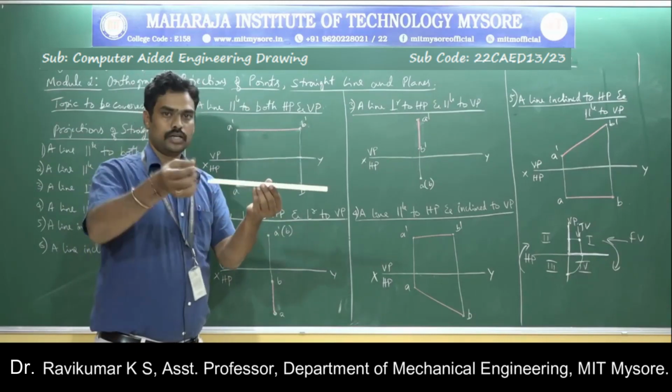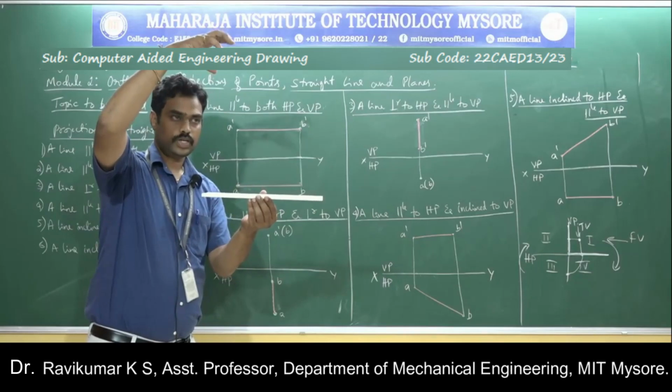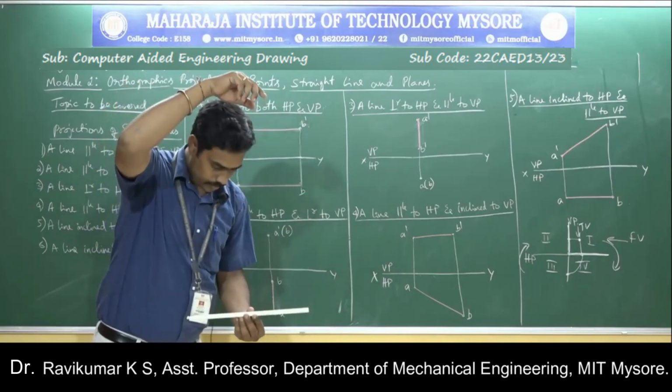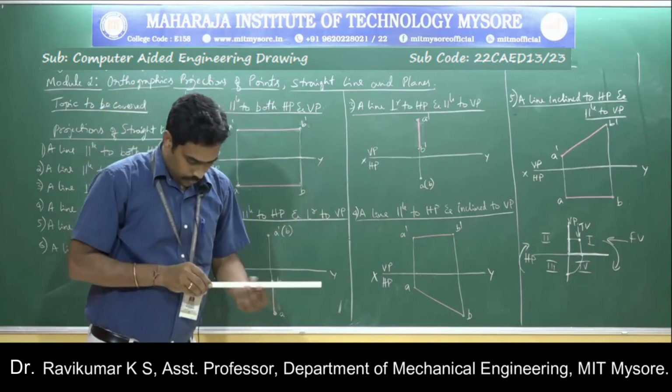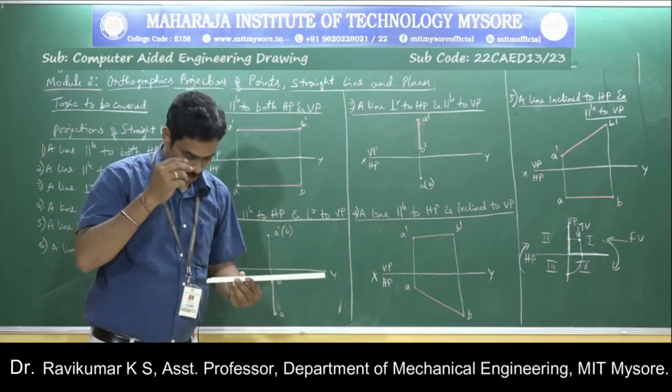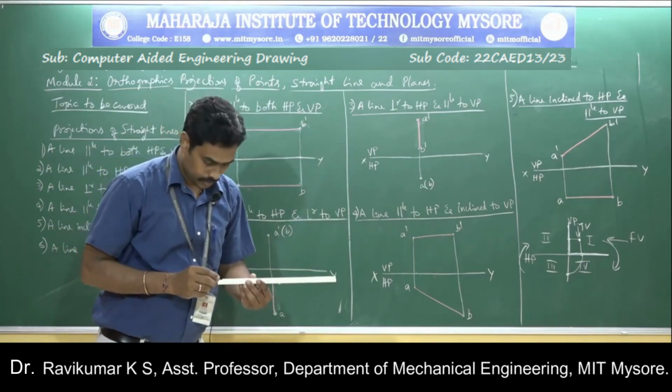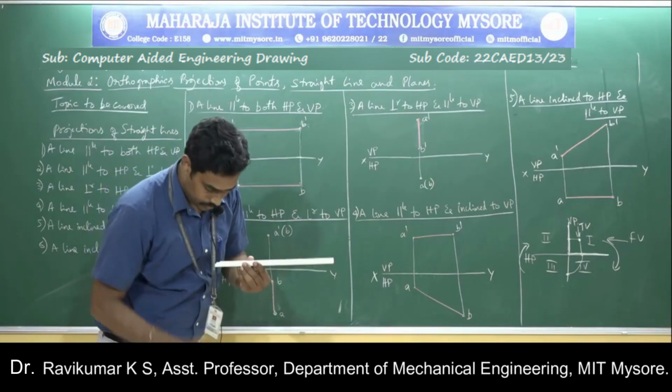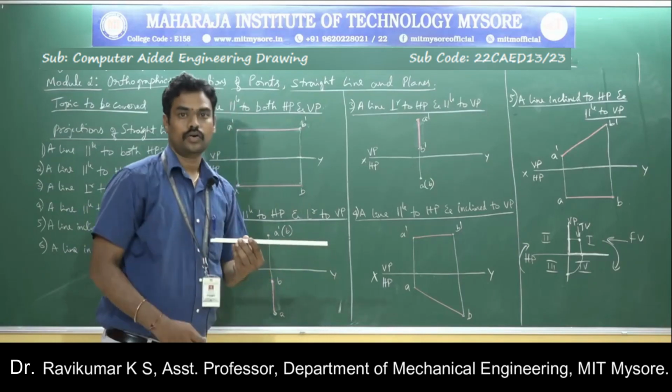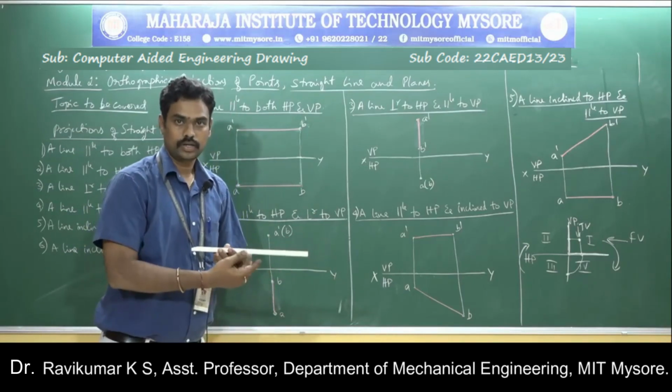Similarly, shift the observer to the top, so I will be looking like this. When I am looking like this, the light source falling on this particular point captures the point and projects it onto the ground, that is the horizontal plane.